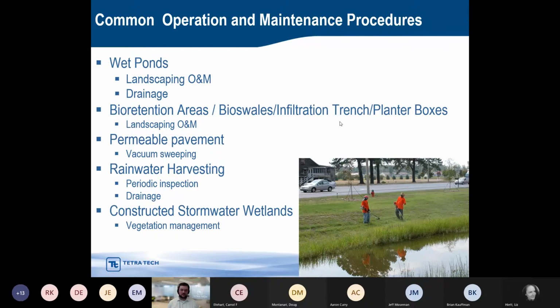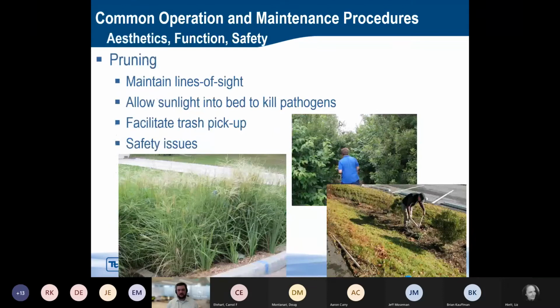So if it was a landscaped area, like the entrance to a shopping center or the landscape islands in a parking lot, if we already have vegetation integrated in those, and then we also integrate stormwater management, that's probably maintenance that was already being performed, particularly if we're trying to maintain that higher level of maintenance. And so pruning does become a large element of maintenance.